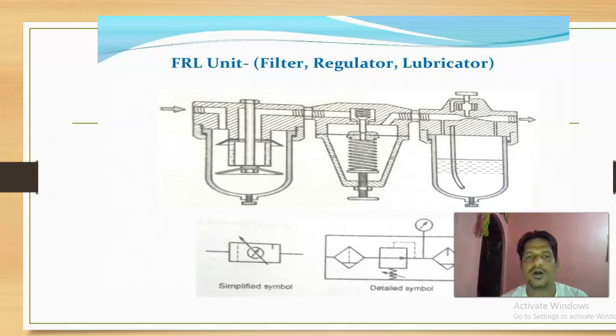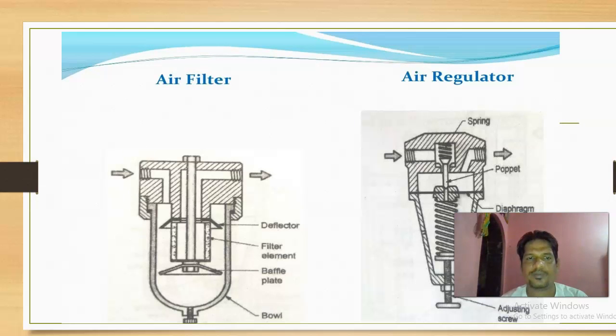So this is called the FRL unit. F stands for filter, R for regulator and L for lubricator. We can see the simplified symbol of the FRL unit. The filter and lubricator are similar in construction, with some slight changes. And the regulator is nothing but a pressure control valve, where we can control the pressure provided.